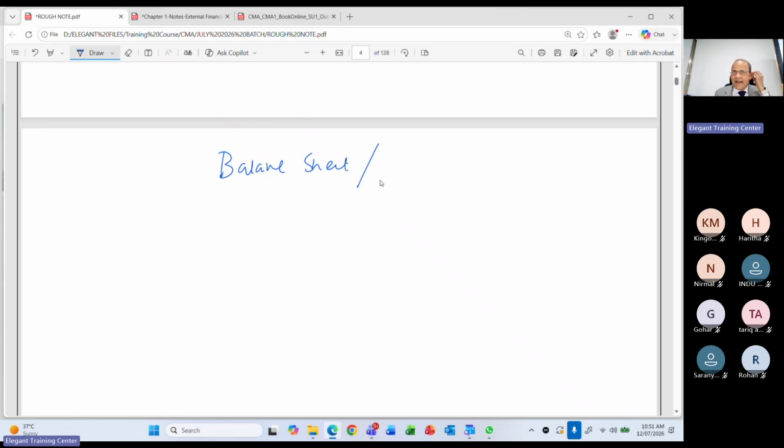Who can tell me another name for balance sheet? Statement of financial position. So the balance sheet is also called the position statement.